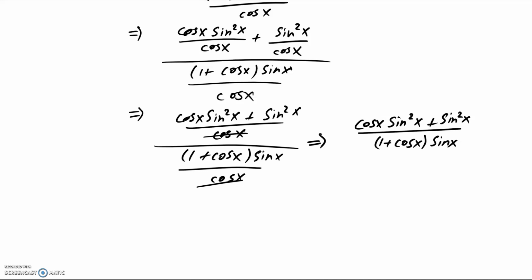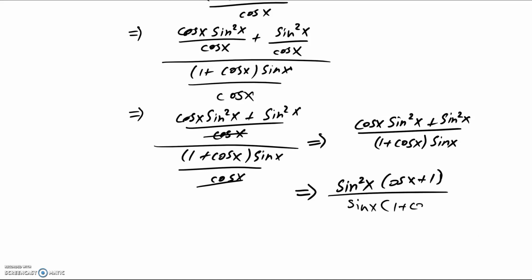Clear? What are we doing next? In the numerator, we are going to take sine squared x as a common factor, and you will have sine squared x times cos x plus 1, over sin x times 1 plus cos x.